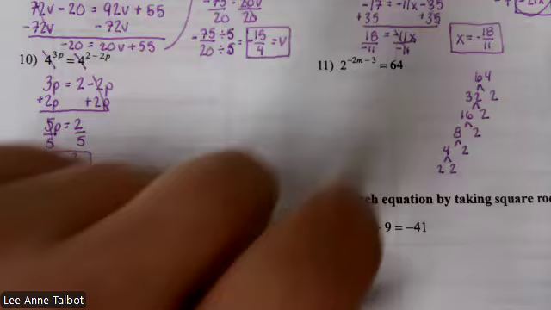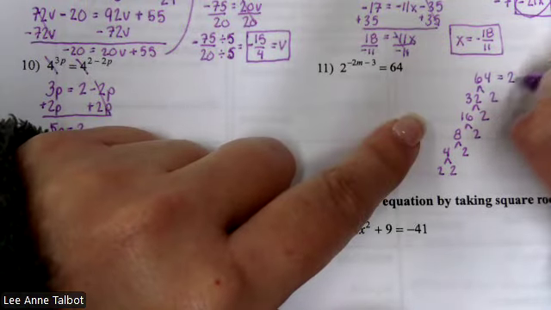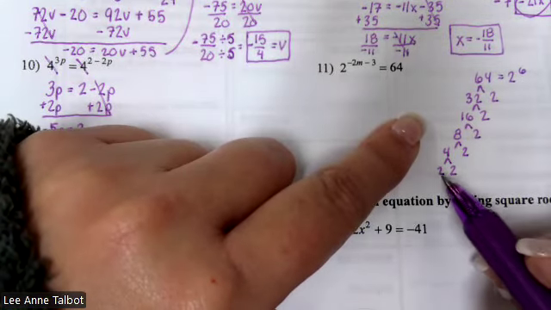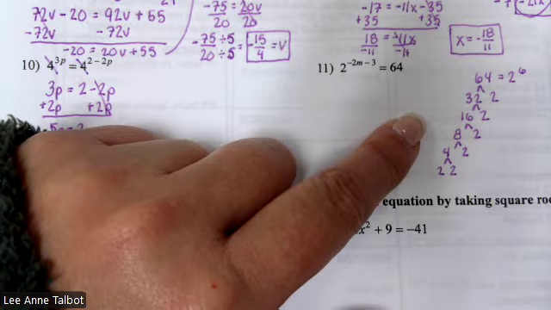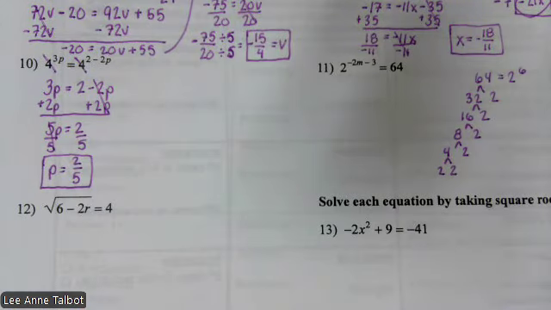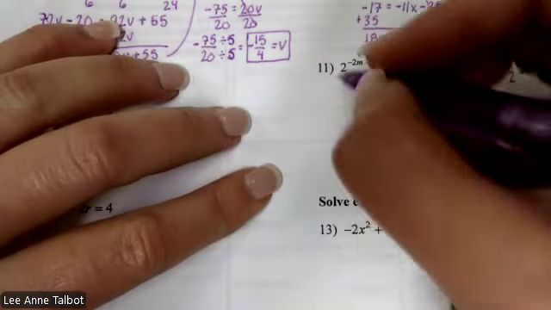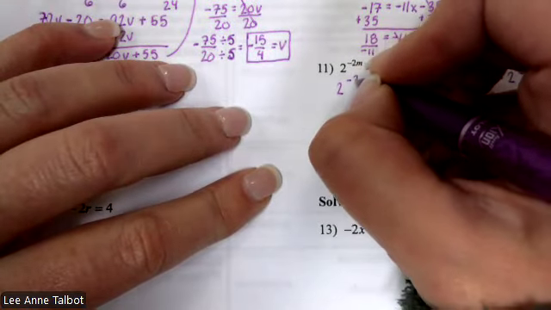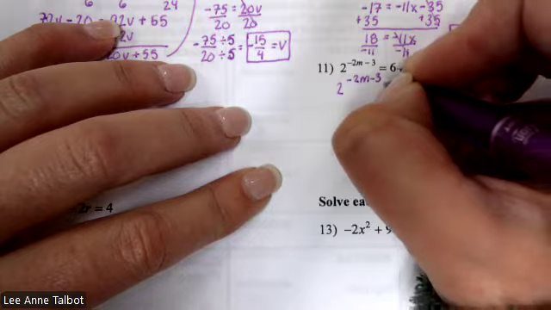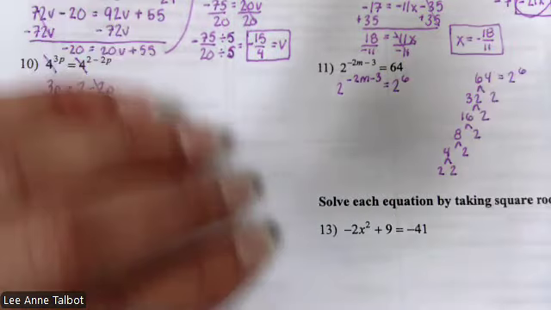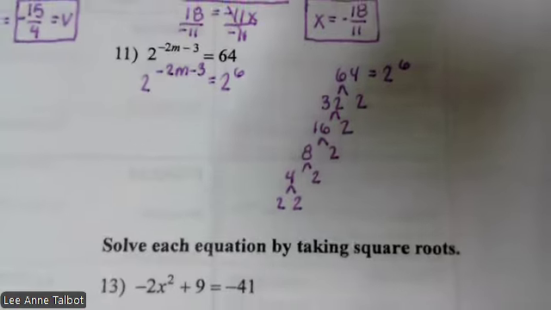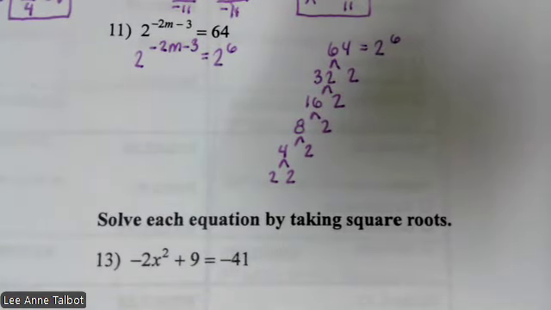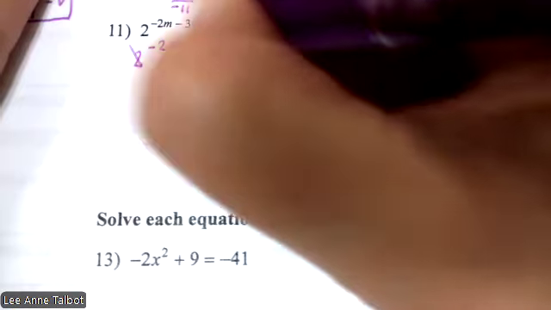Okay, so 64 is 2 to the what? 2 to the 6. And I can tell because there's 1, 2, 3, 4, 5, 6 2's at the bottom of my factor tree branches. So 2 to the negative 2m minus 3 equals 2 to the 6. Now, are the 2's the same number? Yes.